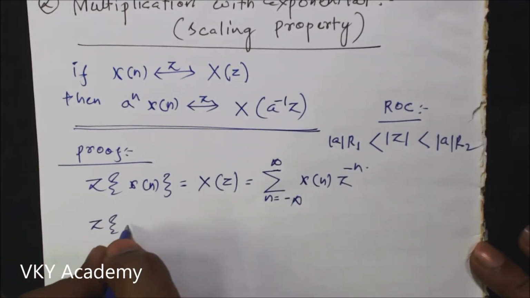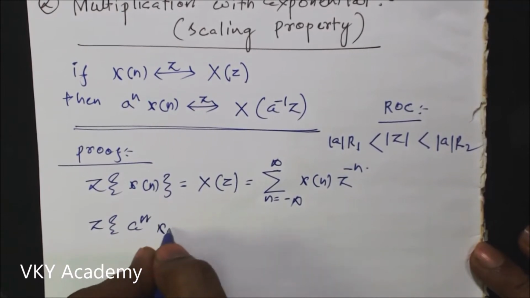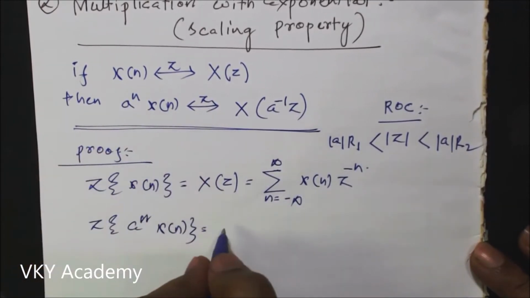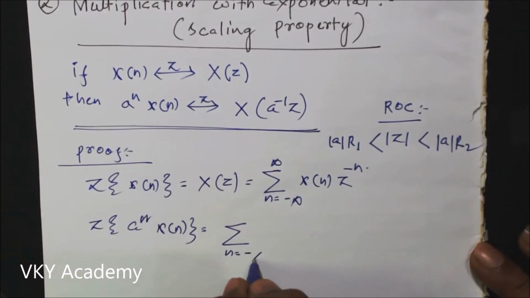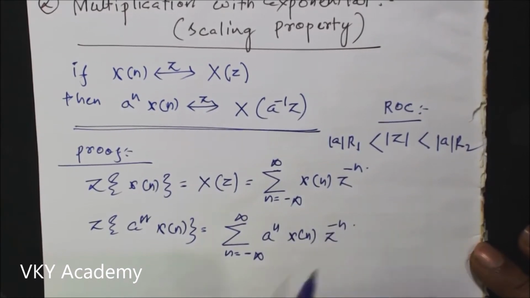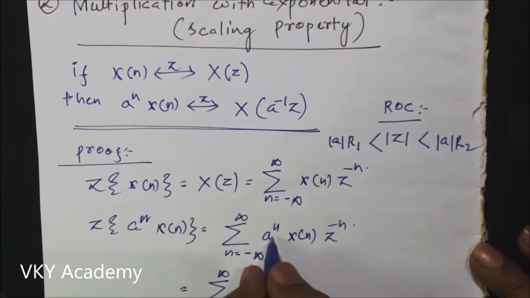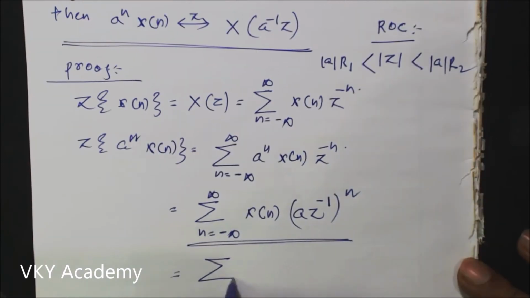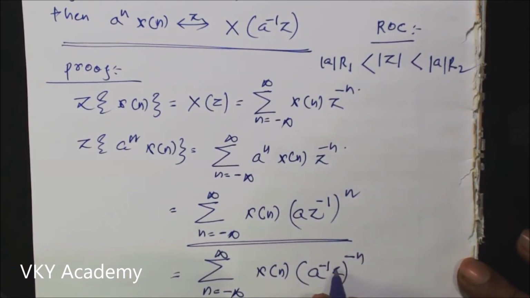So Z transform of a to the power n x of n, which is our new function, is equal to summation n is equal to minus infinity to infinity a to the power n x of n z to the power minus n, which is summation of x of n a to the power n z to the power minus n, can be written as (a inverse z) whole to the power minus n. That is summation n is equal to minus infinity to infinity x of n (a inverse z) whole to the power minus n.